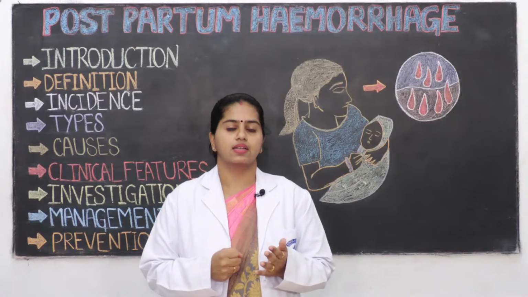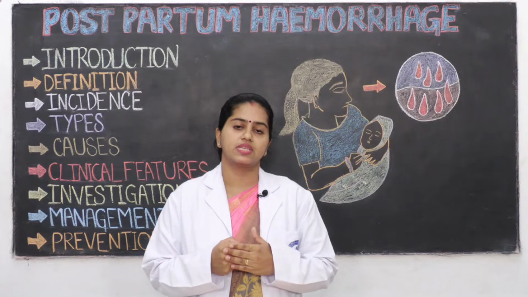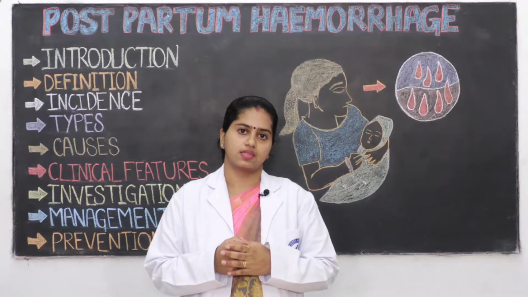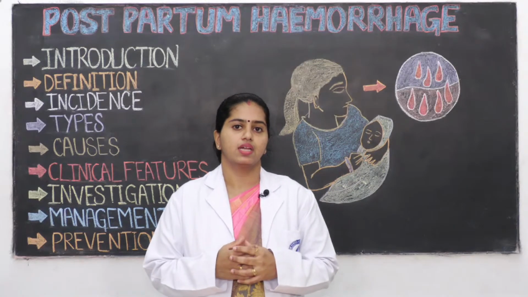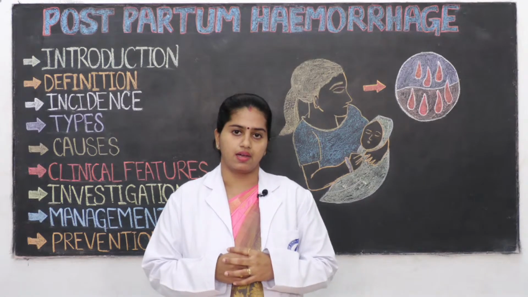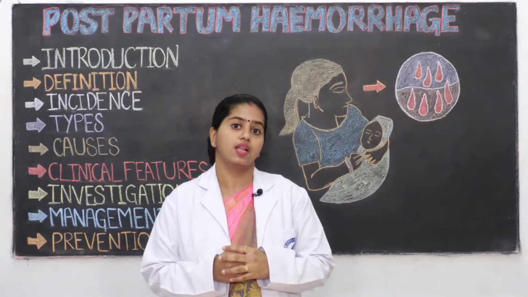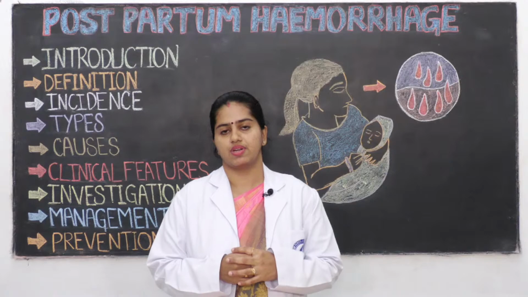The non-dominant hand is placed on the abdomen. The uterus is squeezed between the two hands, and by the pressure the bleeding can be controlled. So that is known as bimanual uterine compression. External or internal bimanual uterine compression can be given.